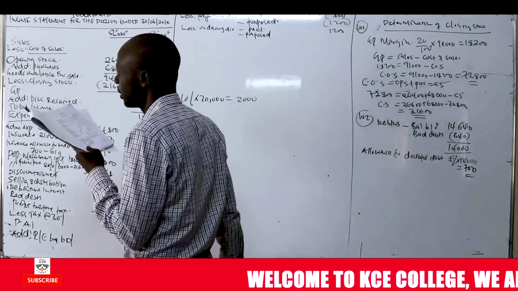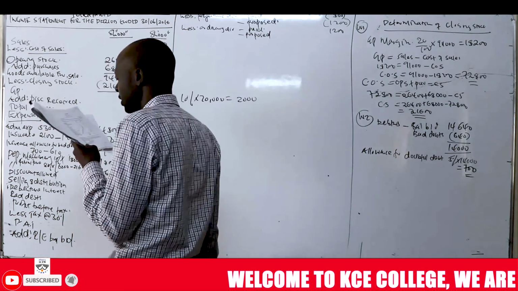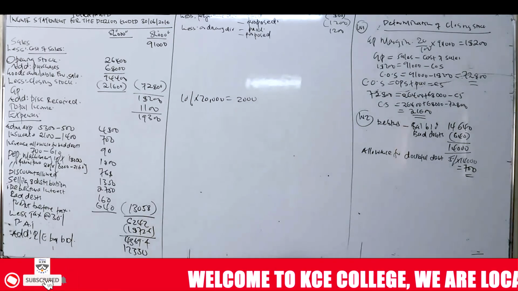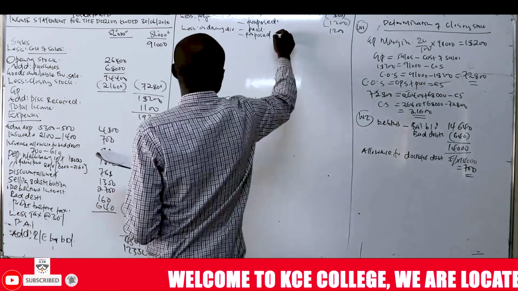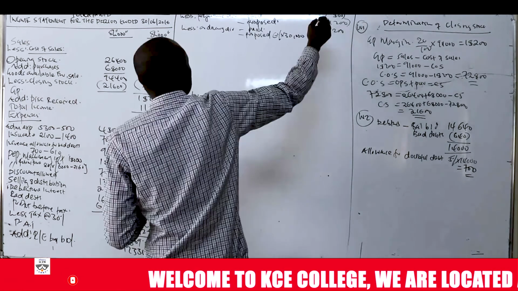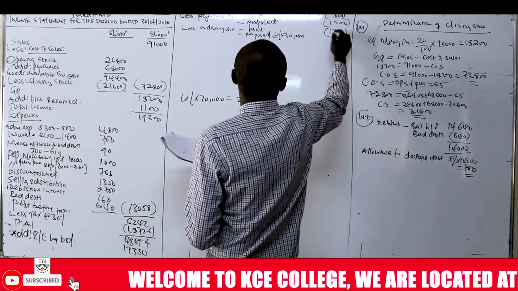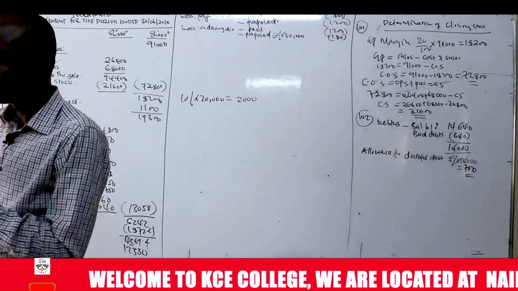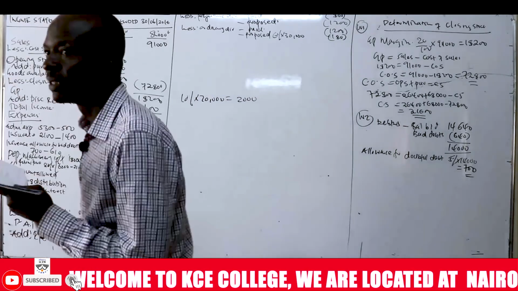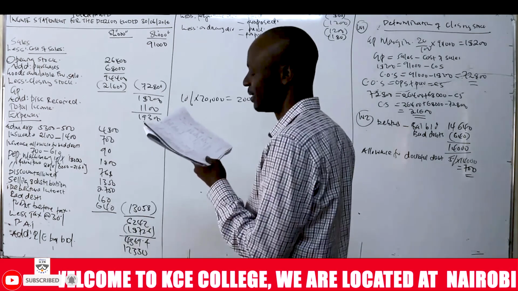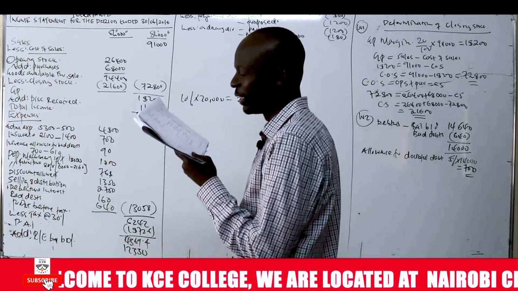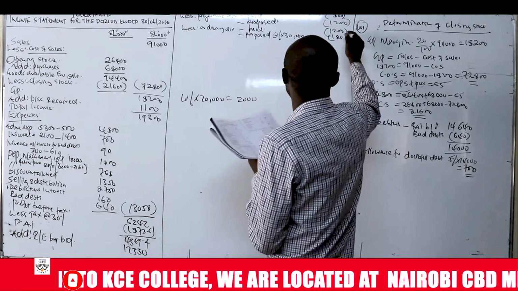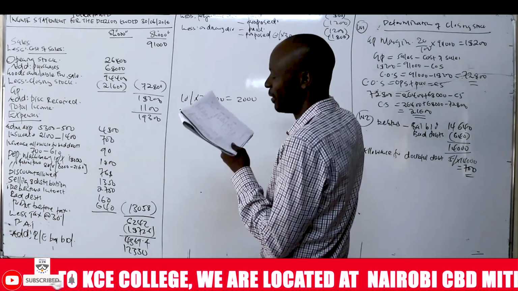Proposed is 6% of the ordinary shares, which is 30,000. 6% of 30,000 is how much? 1,800 or 180? 1,800, isn't it?